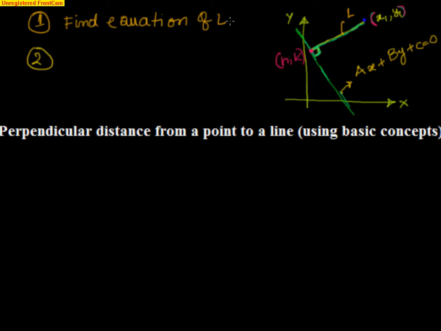Find the equation of the line L. Second, find the coordinates of, let me say this as A, or A is already there, so it will be a little bit confusing, you can take it as P. Find the coordinates of P, which will give me h comma k.